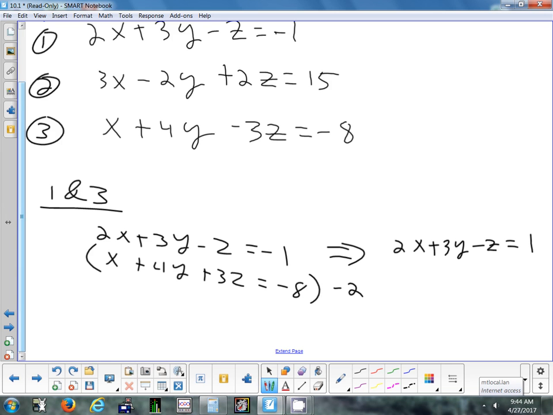And the bottom one, if you multiply everything by -2, you get -2x minus 8y, minus, oh, I'm sorry, that'll be a minus what? 6z equals 16.